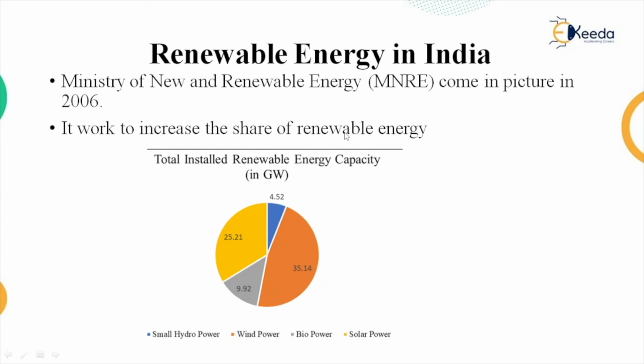Currently, out of the total renewable energy installed in India, 35.14% is covered by wind power, then 25.21% by the solar sector, 9.92% by biopower, and 4.52% by small hydropower.